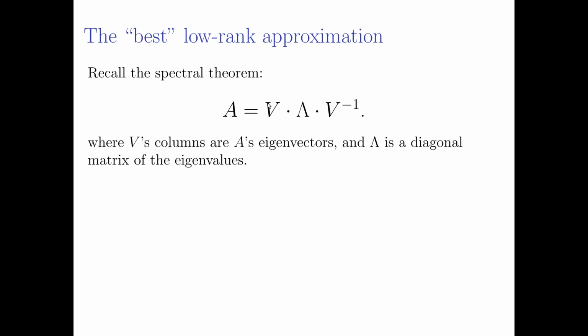So if you have a matrix that has all the eigenvectors as columns, and a diagonal matrix of the eigenvalues, each one going with the corresponding eigenvector, and then the inverse of the eigenvectors, the spectral theorem says that will be equal.